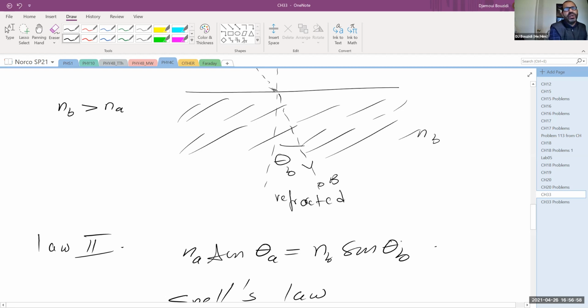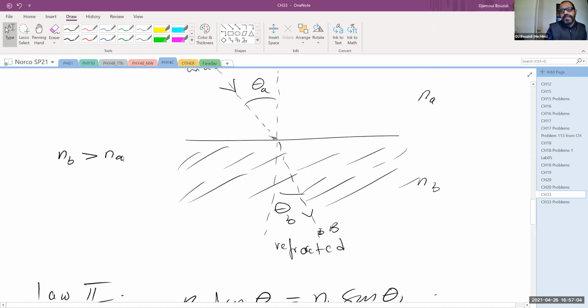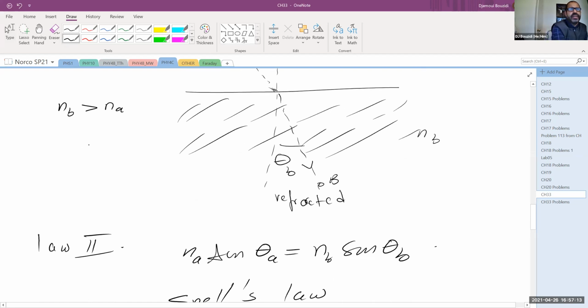When am I going to have theta A equal to 90 degrees? I'm sorry, theta A equal to 90 degrees. In other words, the refracted light is equal to 90 degrees. So theta A, the incident light, is equal to 90 degrees. If I plug it into the expression here, I will have NA, or is it, did I have it wrong?